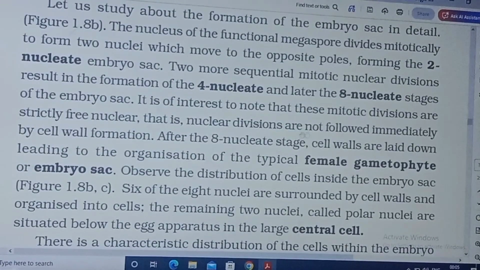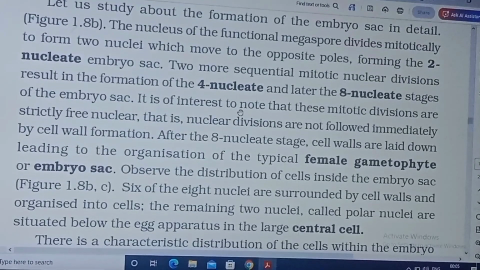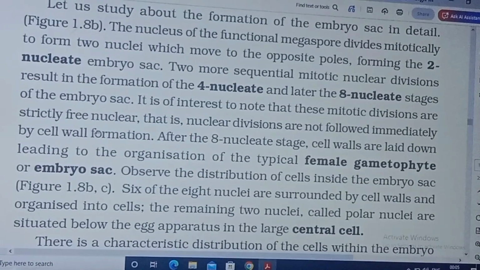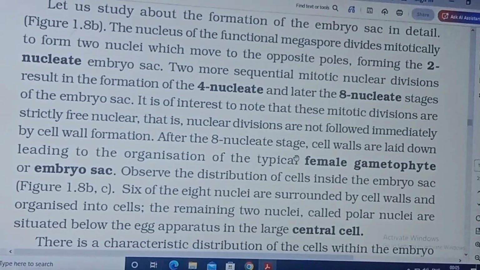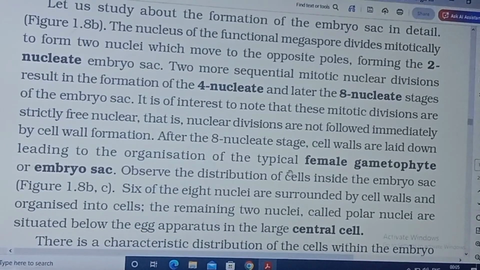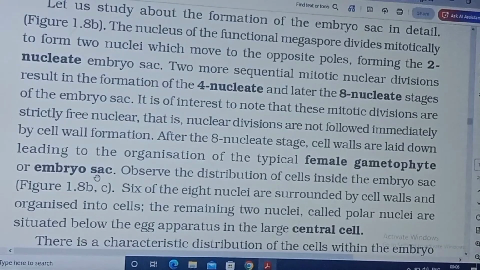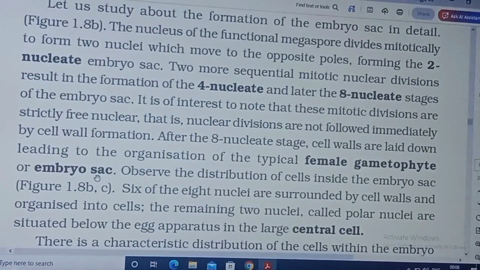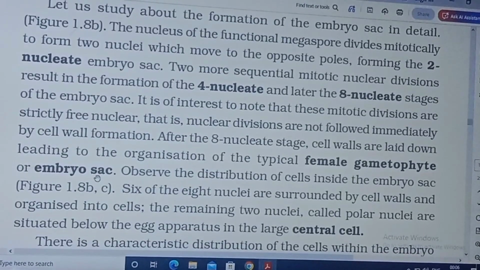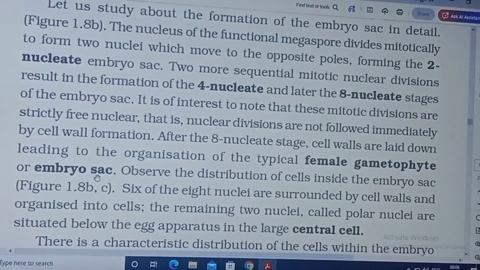That is, nuclear divisions are not followed immediately by cell wall formation. After the eight nucleate stage, cell walls are laid down, leading to the organization of the typical female gametophyte or the embryo sac. Up to the two nucleate and four nucleate stages, they will not form the cell wall.